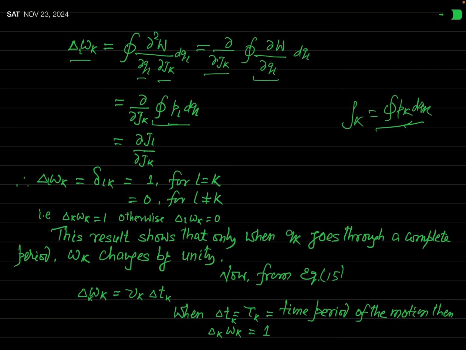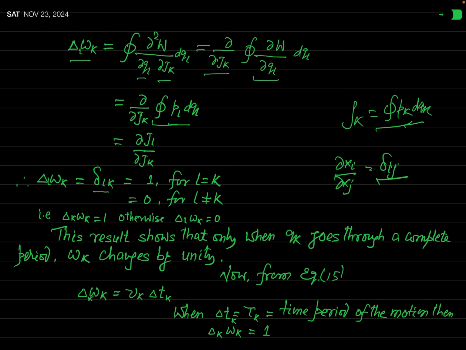But what is this del JL by del JK? You know, this is the Kronecker delta LK. This is just the definition of the Kronecker delta. Del xi by del xj is delta ij. So delta Lk here is the Kronecker delta.